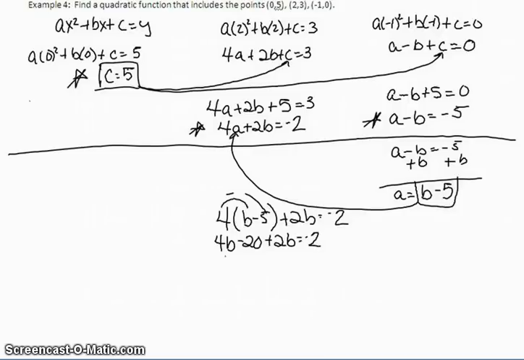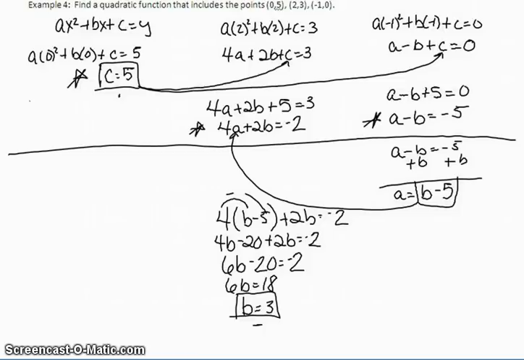Combine my like terms. Add 20 to both sides. 6b equals 18, and divide by 6. b equals 3. So far, I have c equals 5 and b equals positive 3.